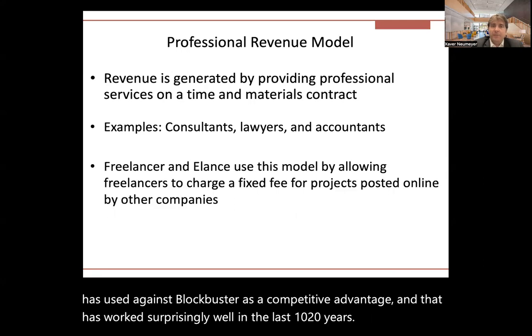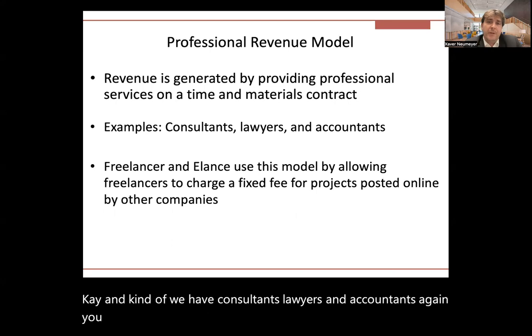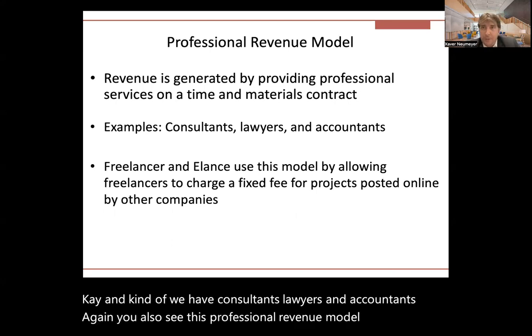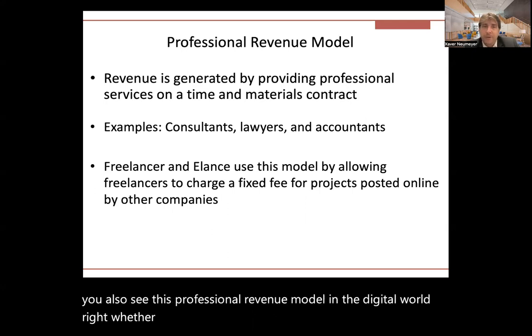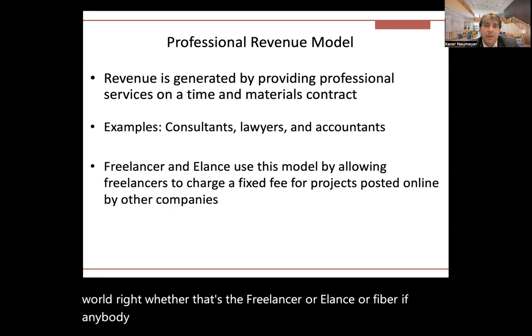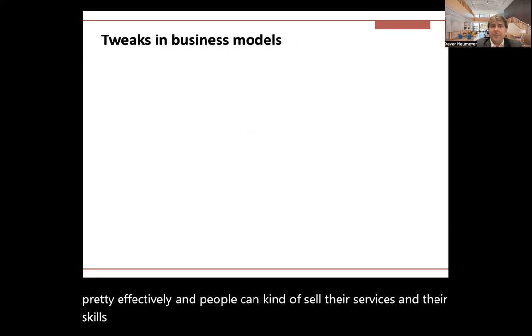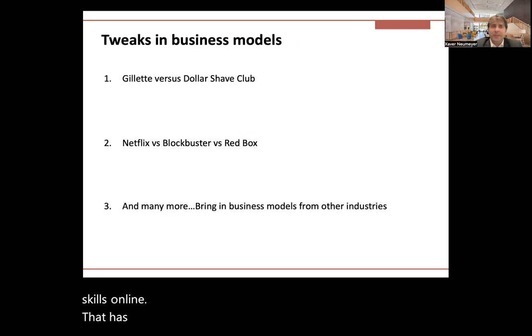Okay, and we have consultants, lawyers, and accountants. You also see this professional revenue model in the digital world, right? Whether that's a freelancer, Elance, or Fiverr. If anybody has used that before, you can digitize that pretty effectively, and people can sell their services and skills online. And that has been quite successful.